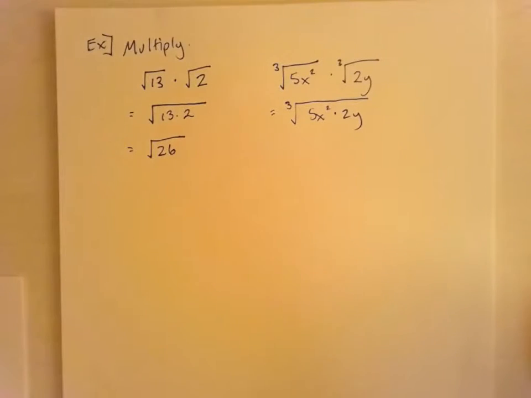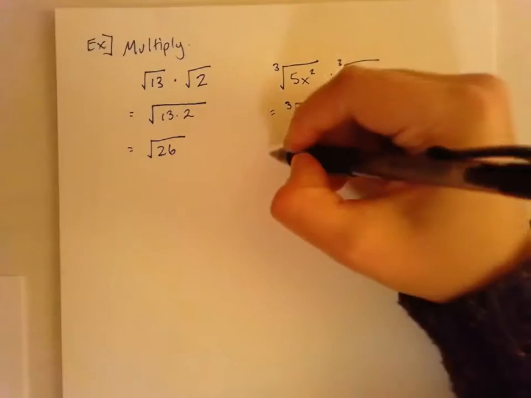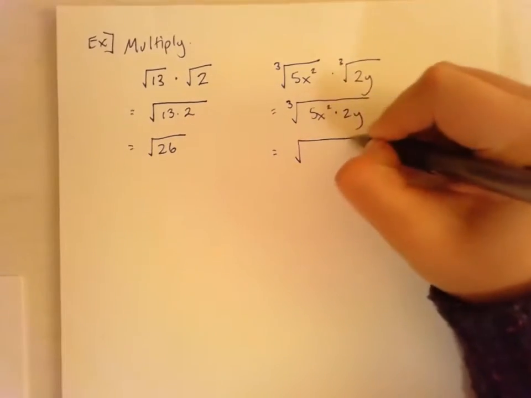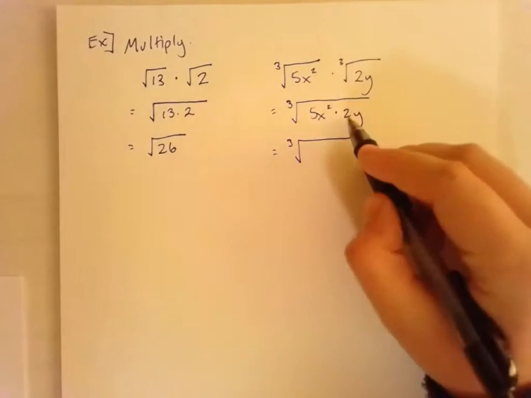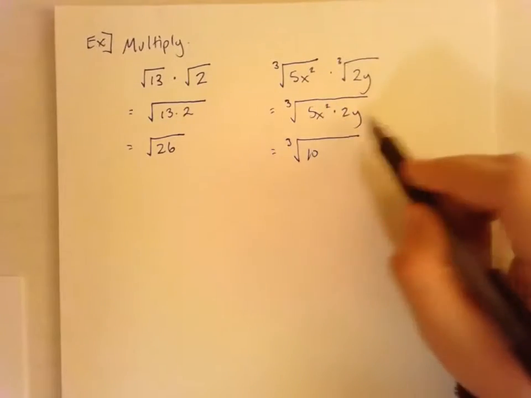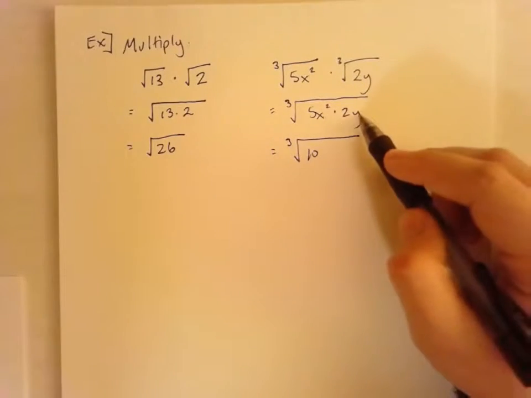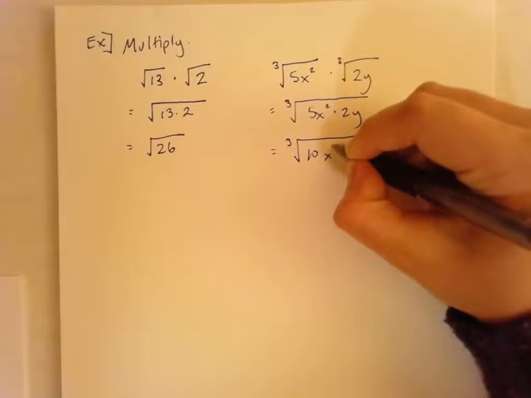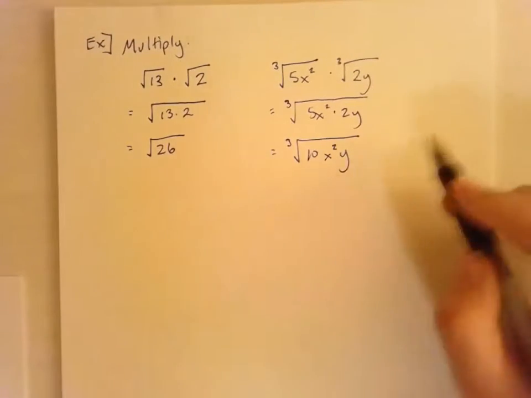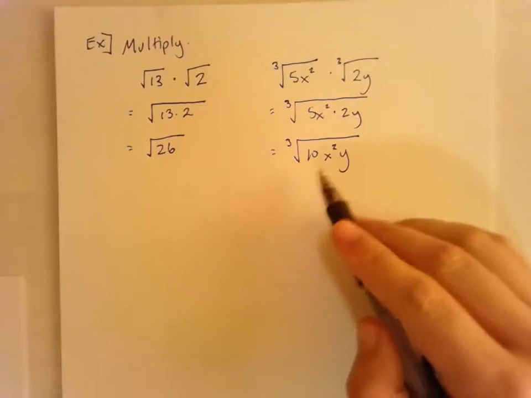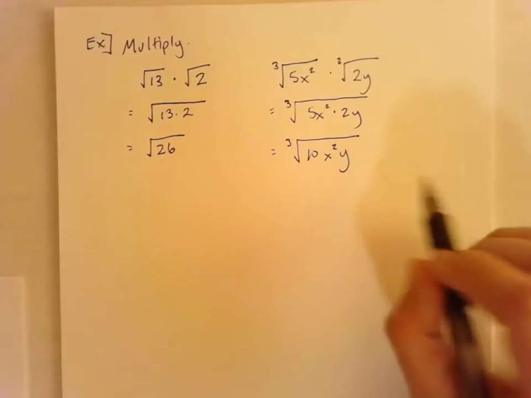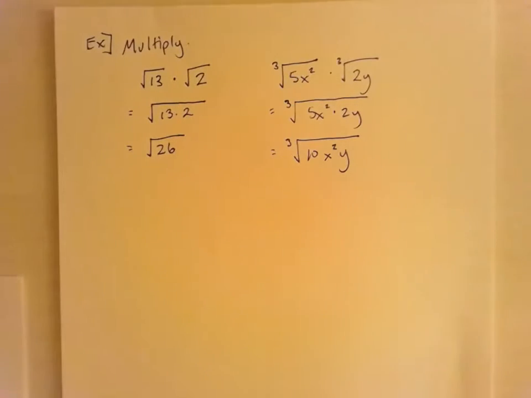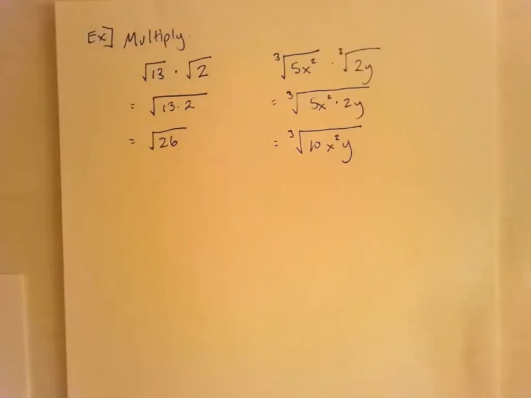Now we should remember for multiplying monomials together that this simplifies to be the cube root of 10, and then I can't do anything with x squared and y. I just have to write them again in that cube root, and that is my answer, the cube root of 10x squared y. And that is essentially how you multiply radicals together in a very simple sense.